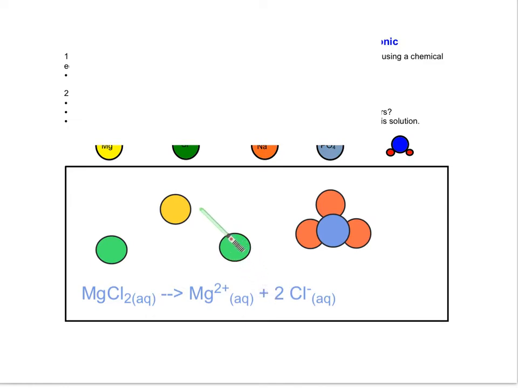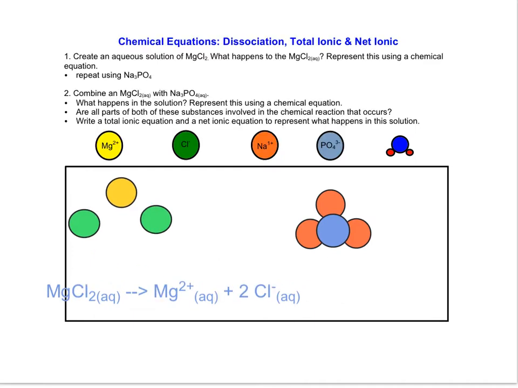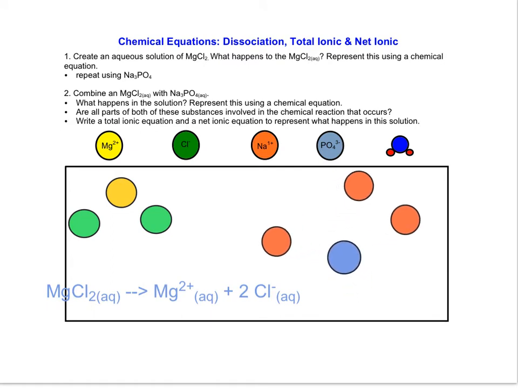Either way, water molecules are surrounding each one of these ions, which is the reason why they are dissolved in the solution. And we could repeat the same thing with the Na3PO4 and find that we get three Na+ ions that are surrounded by water molecules, and we have the one PO4 3- that's also surrounded by water molecules.